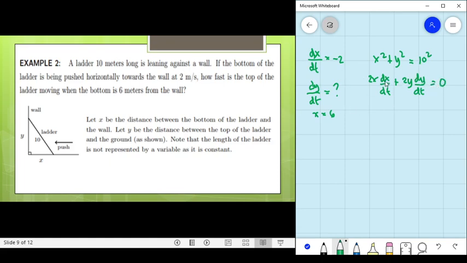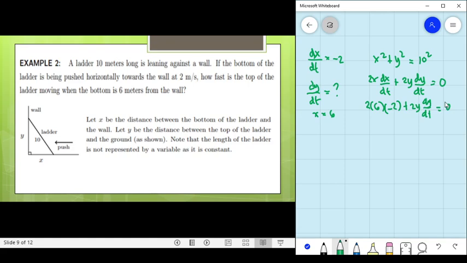So replacing x, which is equal to 6, and dx over dt, which is negative 2: 2 times 6 times negative 2 plus 2y dy over dt equals 0.